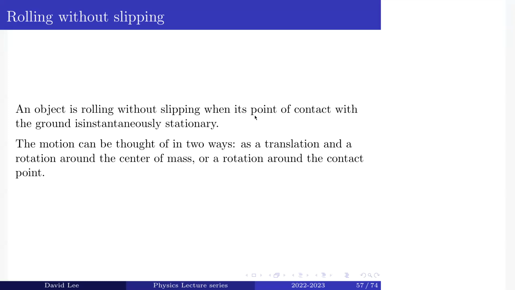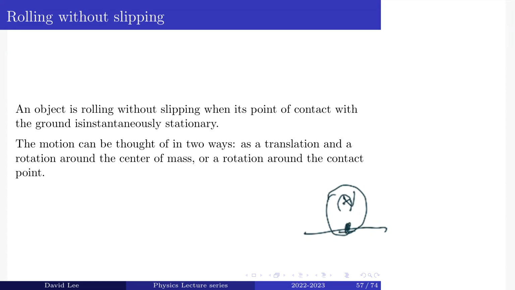And also another side note, rolling without slipping. It's basically when the object is rolling like this, but the point of contact here has 0 instantaneous velocity. So how does this work?